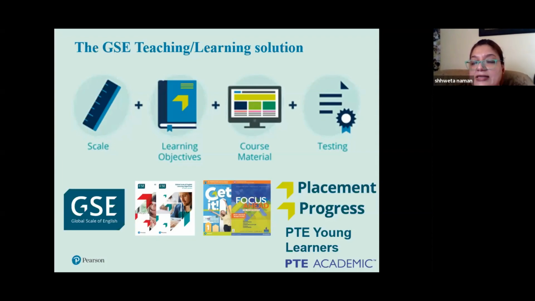You can say that it's a kind of preparation tool also for PTE Academic later on, but it is for the young students. PTE Young Learners can be taken by students below the age of 16 years. So there are different levels in PTE Young Learners. If you want some more information about PTE Young Learners, I can provide you that later on.